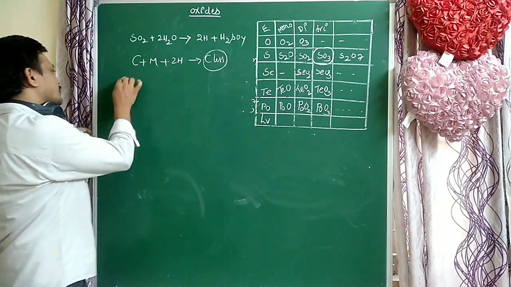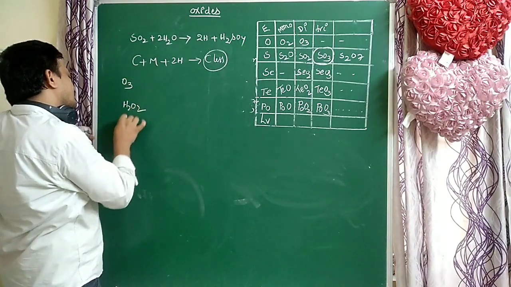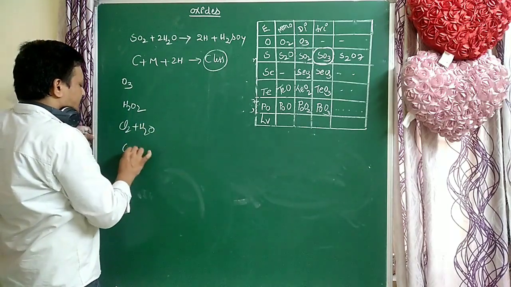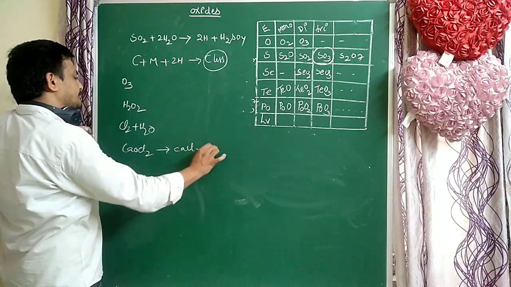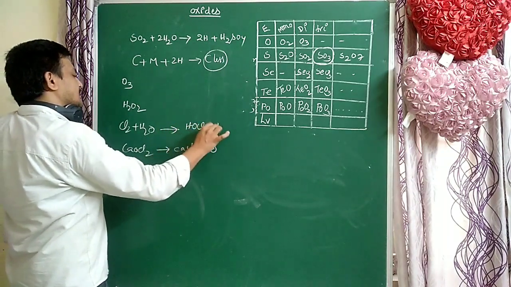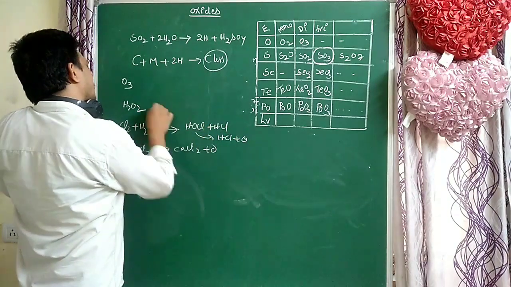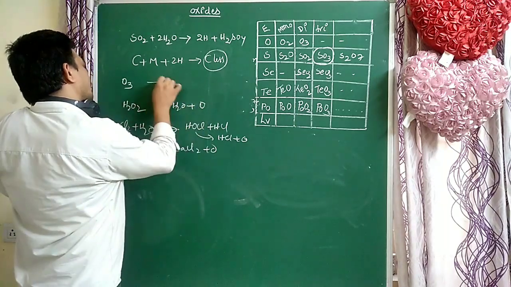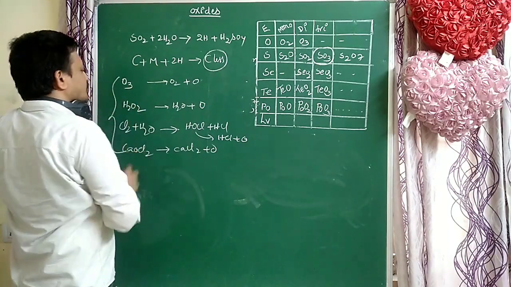For example, O3 is a bleaching agent, H2O2 is a bleaching agent, chlorine water is a bleaching agent. Bleaching powder also has bleaching action due to oxidation. HOCl decomposes to HCl plus O, and H2O plus O, O3 to O2 plus O. All these have bleaching action due to oxidation.